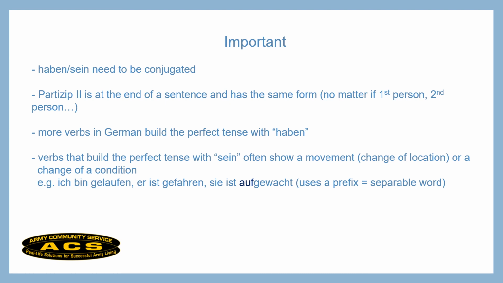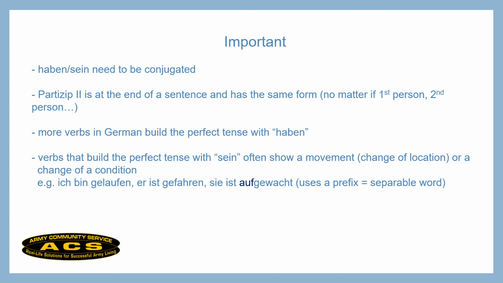Now the next one, be careful with that one. That one actually uses a separable verb. We have separable verbs in the German language, and there is a lecture available about that one as well. Separable verbs have a prefix in front of the verb stem, and here in front of the ge plus the verb stem.